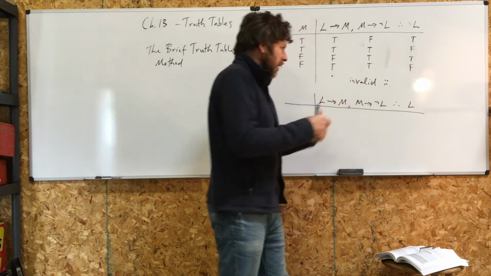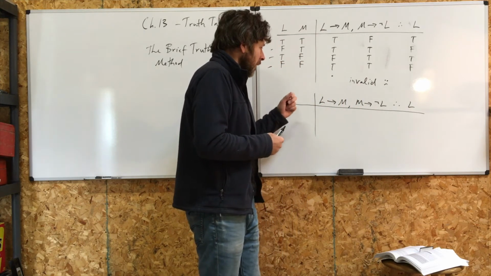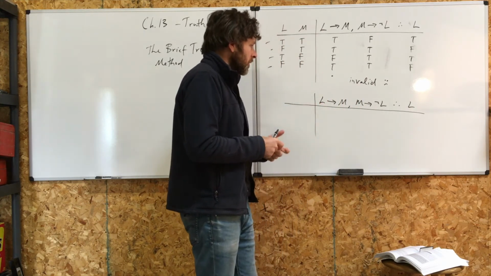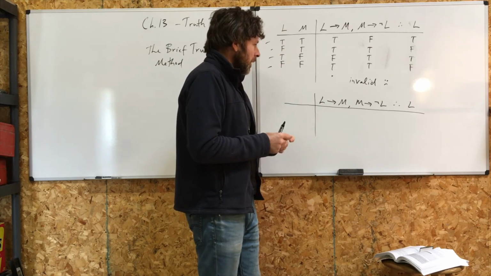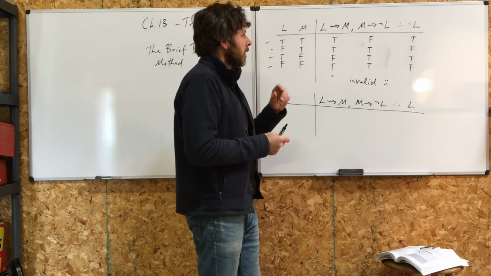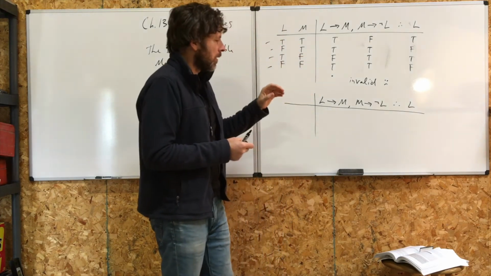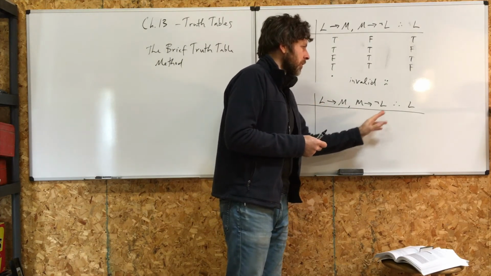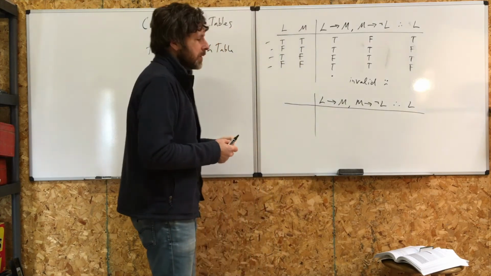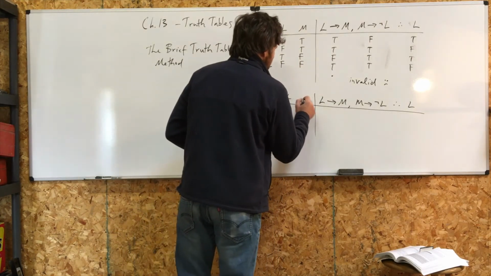We're still using the truth table method in a sense, but it's not with 4 rows. The point of it is this: to try to create a row where the premises are all true, the conclusion false.